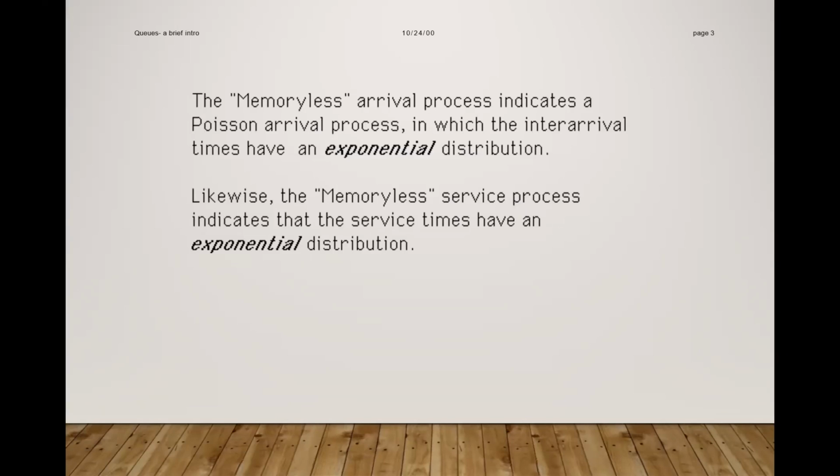And one of the implications of a Poisson process is that the time between arrivals is exponential. Okay, it's an exponential distribution. Same thing, if we assume that we have an exponential service time, it also means that the service time is exponential. So that's just the implication.